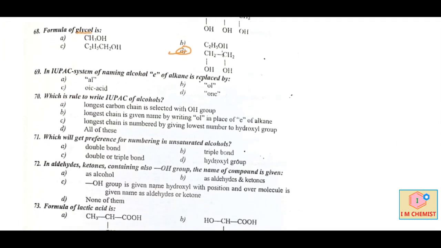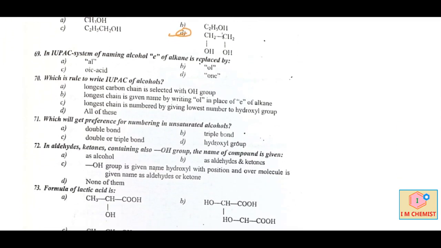MCQ number 67. Formula for glycerol is option number D. This is trihydric alcohol. Formula for glycol is option number D. This is dihydric alcohol. And MCQ number 69 says in the IUPAC system of naming alcohol, E of alkane is replaced by OL. So option number B is correct.